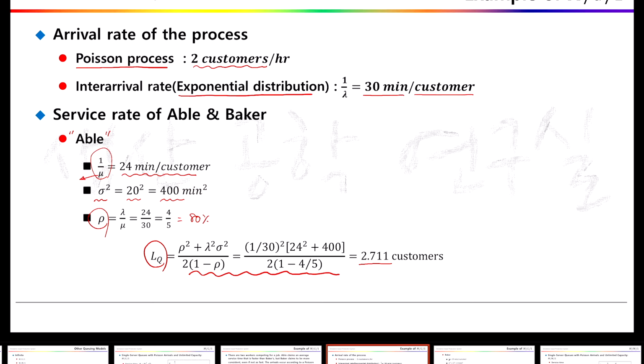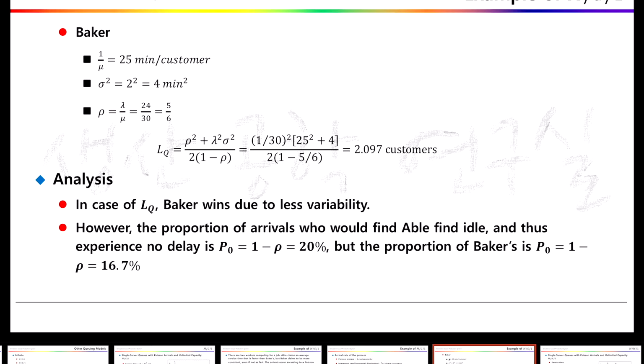Now let's keep this value in mind and calculate the same parameters for Baker. Then 1 over mu is going to be 25 minutes per customer, the variance, the square of the standard deviation, is 4 minutes squared, and utilization is about 5 over 6.